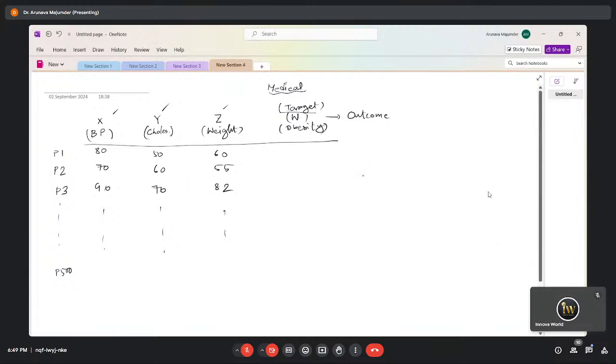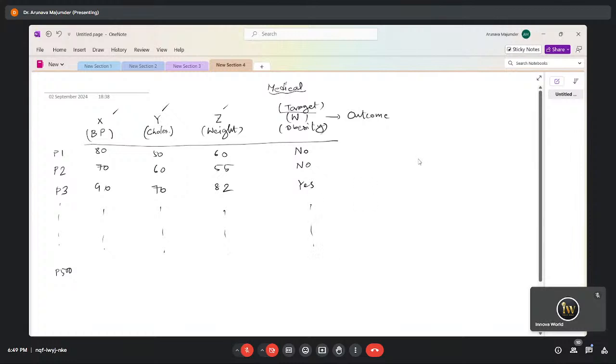Now the target variable is obesity. For this target variable, we must write yes or no, whether the patient is obese or not. Patient 1, let us suppose, is no, this is no, this is yes, and so on.